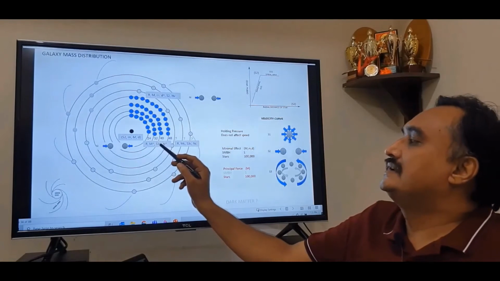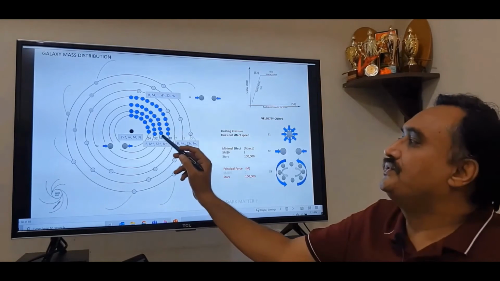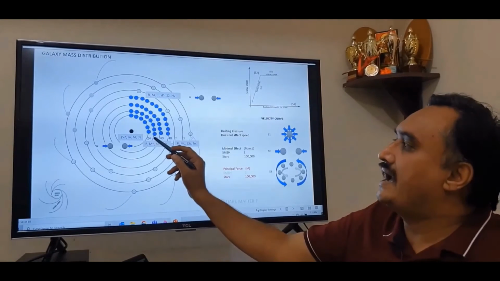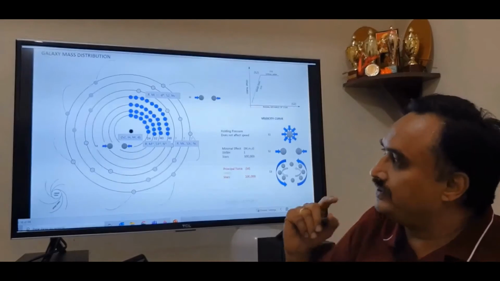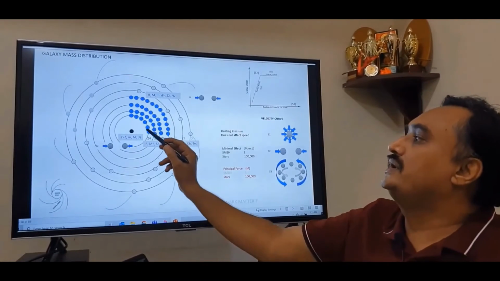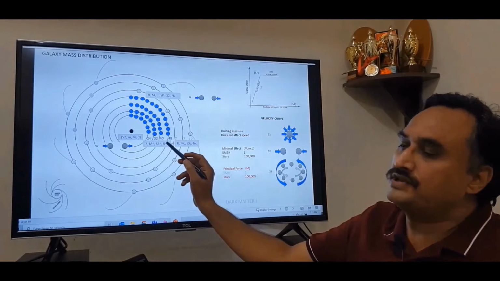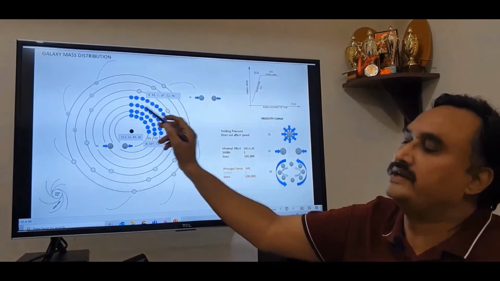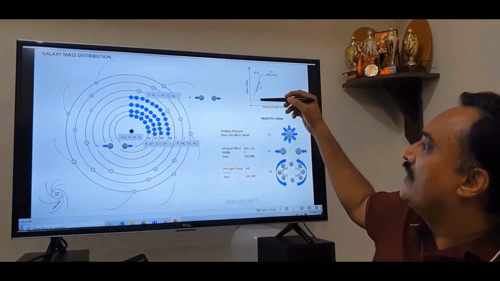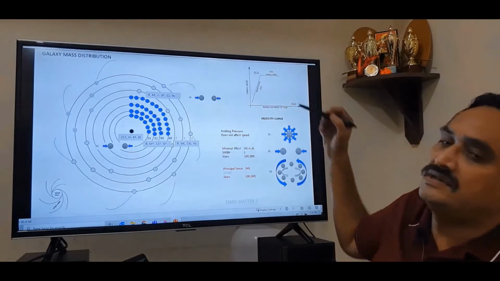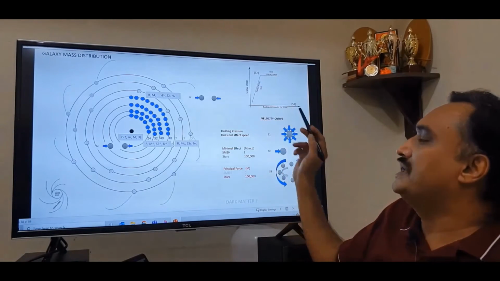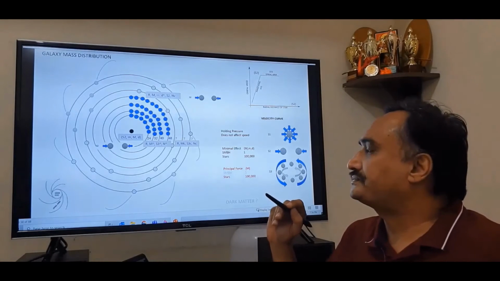And since S3, the space force, is a force that is acting along the direction of the motion of the masses, it also increases. And since S3 increases, or the force increases, the speed of these stars also increases. That is how you have this graph which is increasing as you move away from the center of the galaxy.